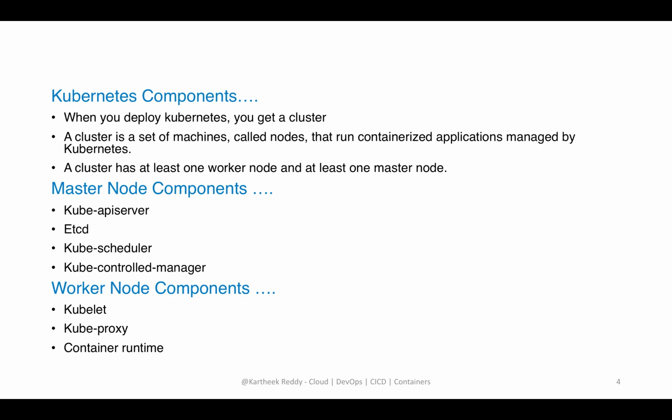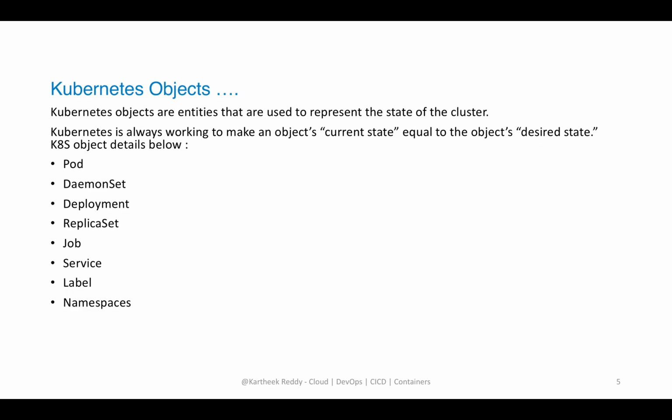So let's jump into Kubernetes objects. Kubernetes objects are entities that are used to represent the state of the cluster. As I told, the philosophy of Kubernetes is to achieve the desired state. Kubernetes is always working to make an object's current state equal to the object's desired state.